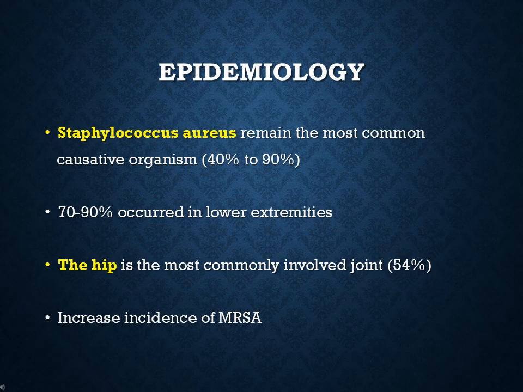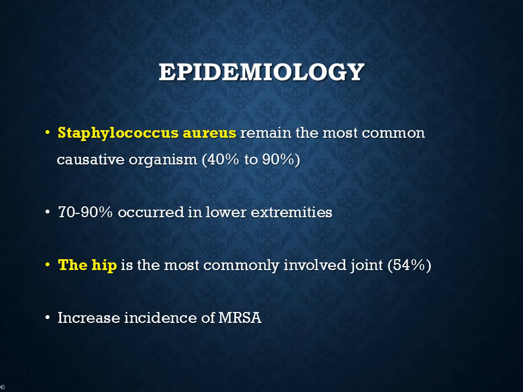The epidemiology of osteomyelitis shows variation with age, anatomical location, and microbial patterns. Staphylococcus aureus remains the most common causative organism, responsible for approximately 40 to 90% of cases across all age groups. Osteomyelitis most frequently affects the lower extremities, accounting for nearly 70 to 90% of cases, reflecting the vulnerability of long bones to hematogenous spread and trauma.